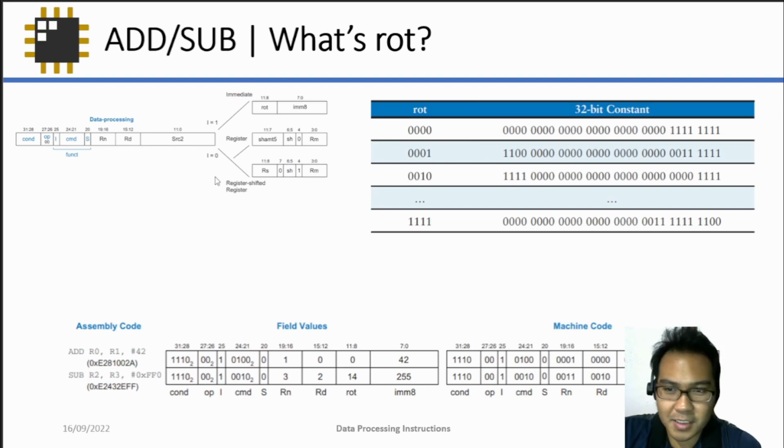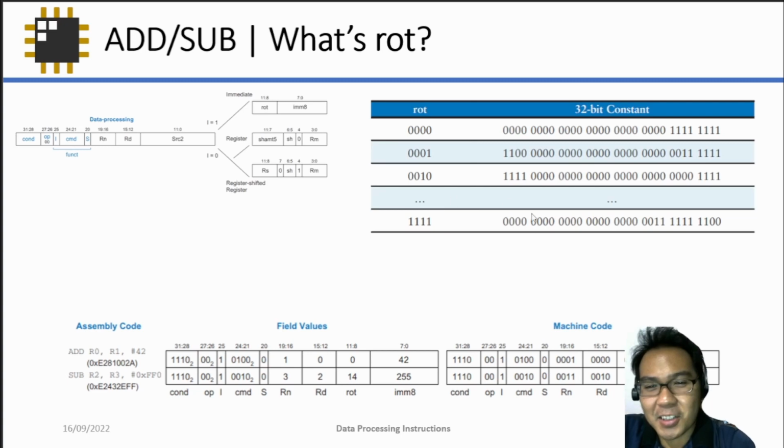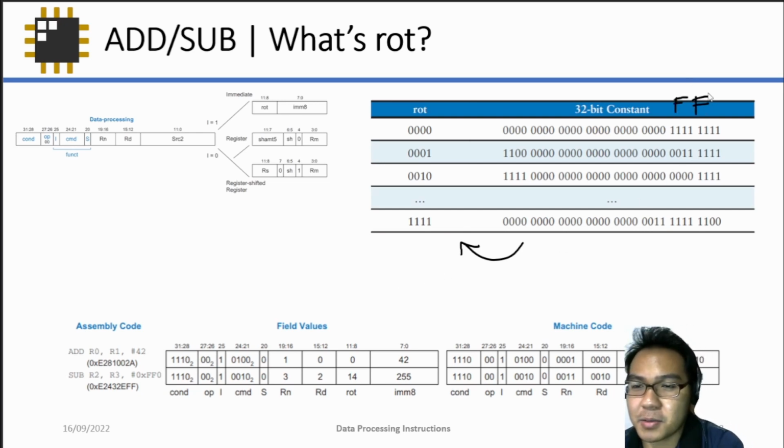Okay. Rot. I forgot I had this slide. So anyway, rot. So this is FF, right? So this is FF, and then we rotated it by rot. So 2 times 001 is actually 2, so we shift it to the right 2 times.